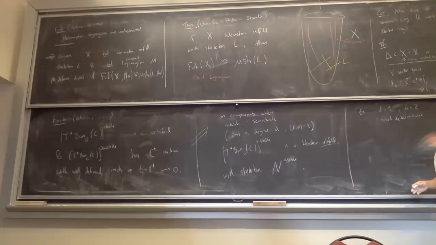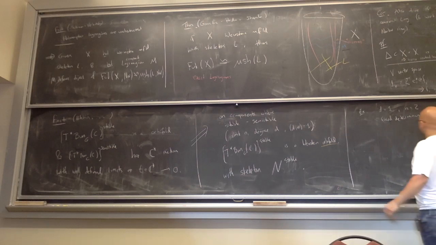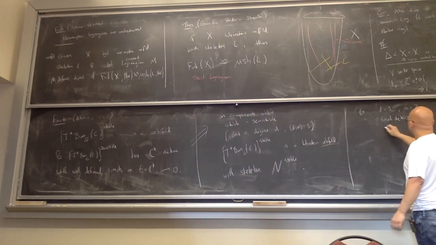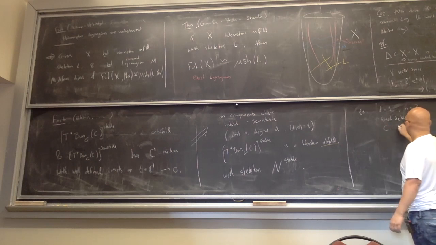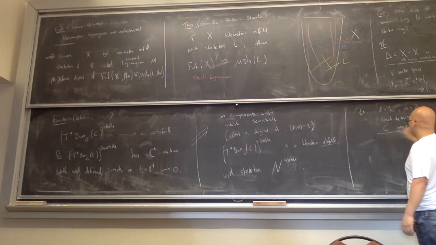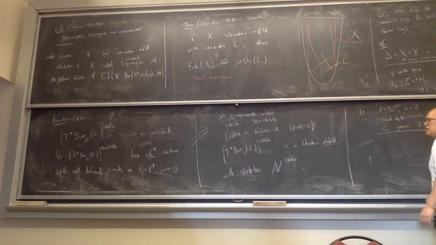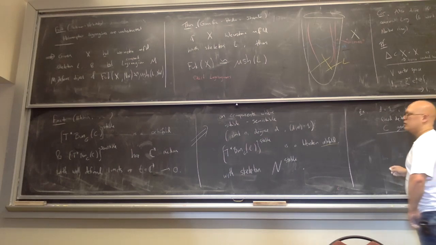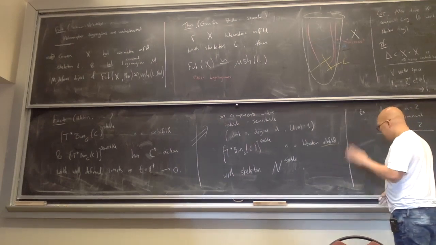It turns out the space doesn't depend on that determinant. And let's have this base curve of genus 2. So this is the simplest example. Let me explain the example, then we can discuss it.